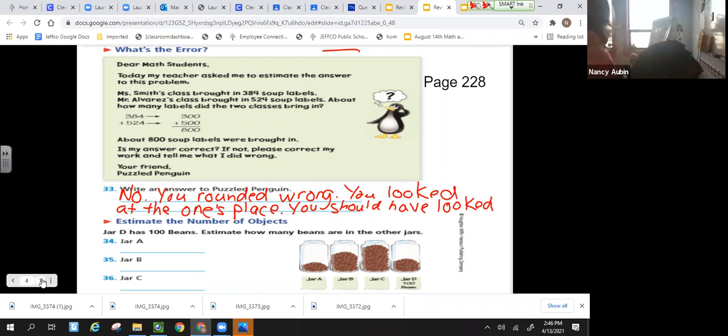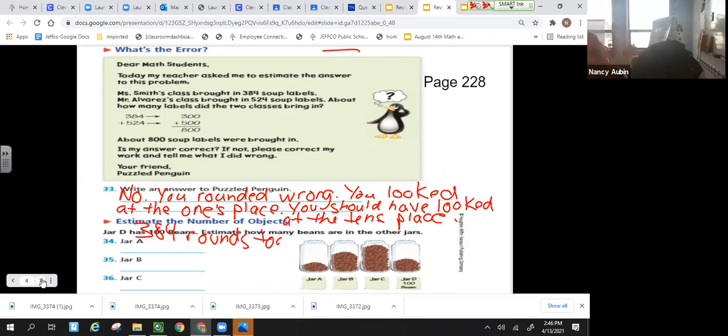Excellent. If you did not get this back, you got a 3 or 4, okay? If you did get it back, you just missed one little thing, like what the answer should be. So fix it now, if you got it back. No, you rounded wrong. You looked at the ones place. You should have looked at the tens place. 384 rounds to what?